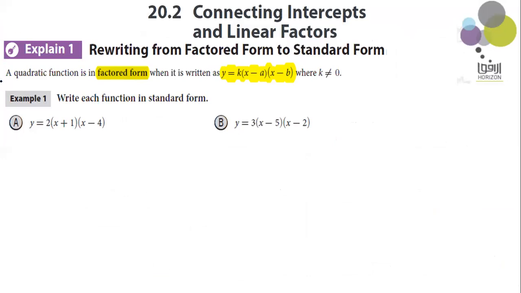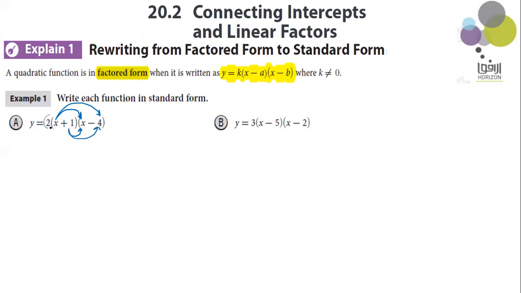First, we have here y equal 2 multiply x plus 1, x minus 4. So I will use FOIL. First, multiply first. Then multiply the outer, x and negative 4 are outers. Then the inner, 1 multiply x. Then last, 1 multiply negative 4.